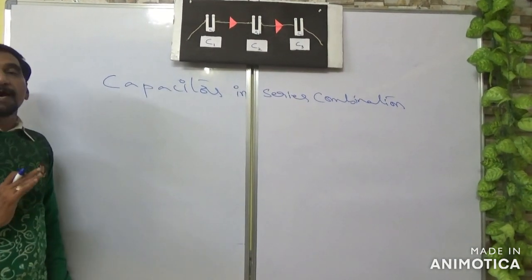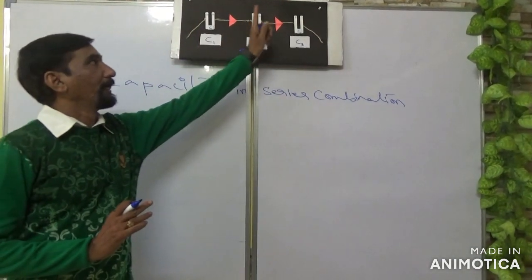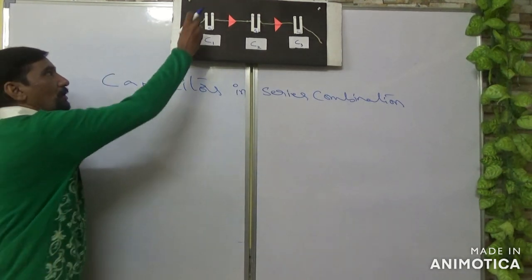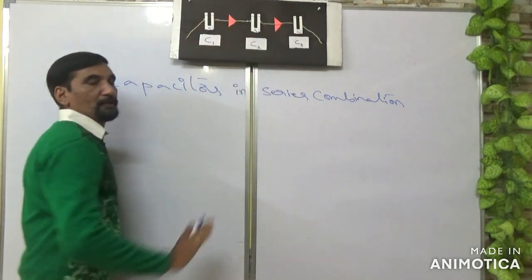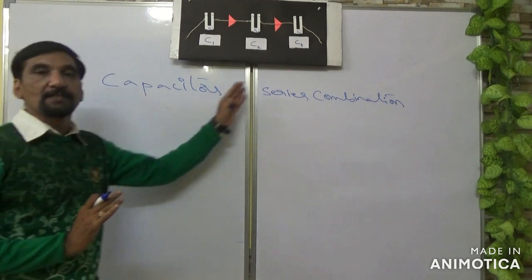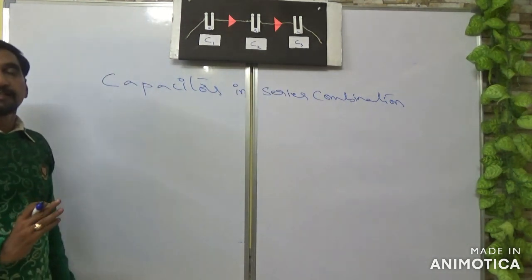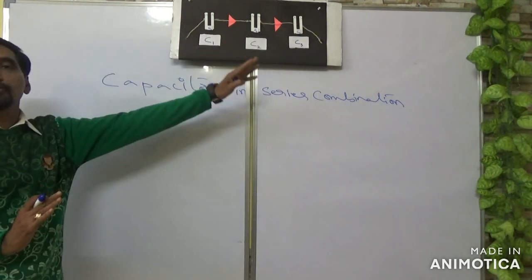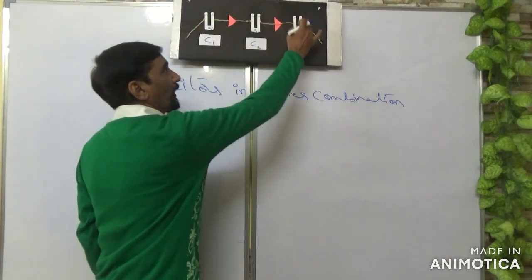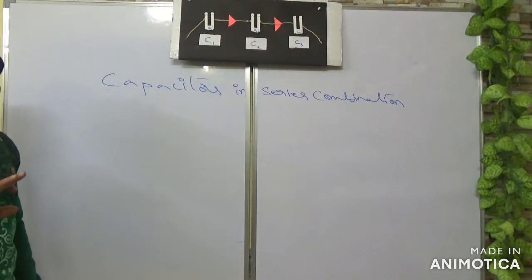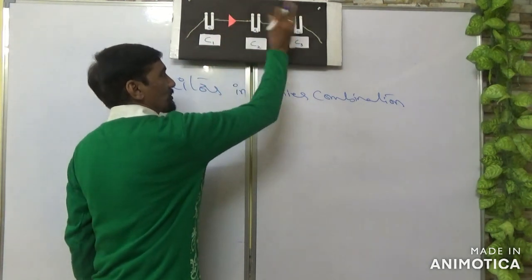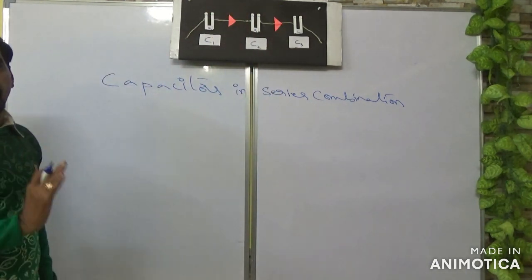Whenever capacitors are joined in series combination, the charge on each one remains the same. This is a very important point in this derivation. The potential difference is divided.